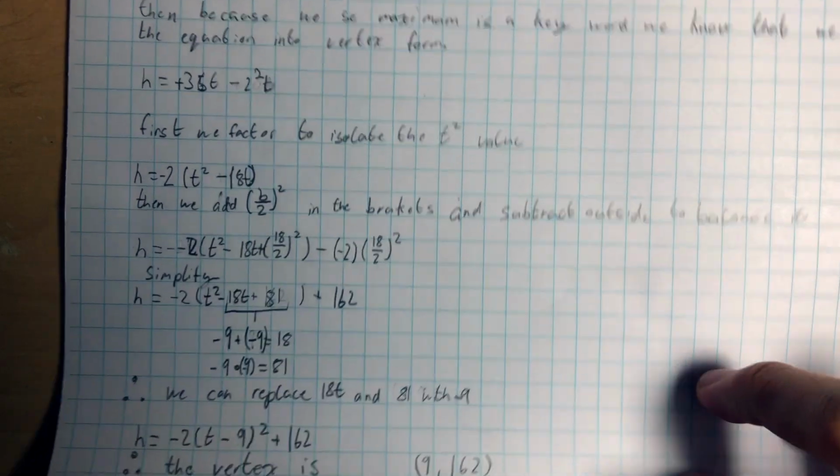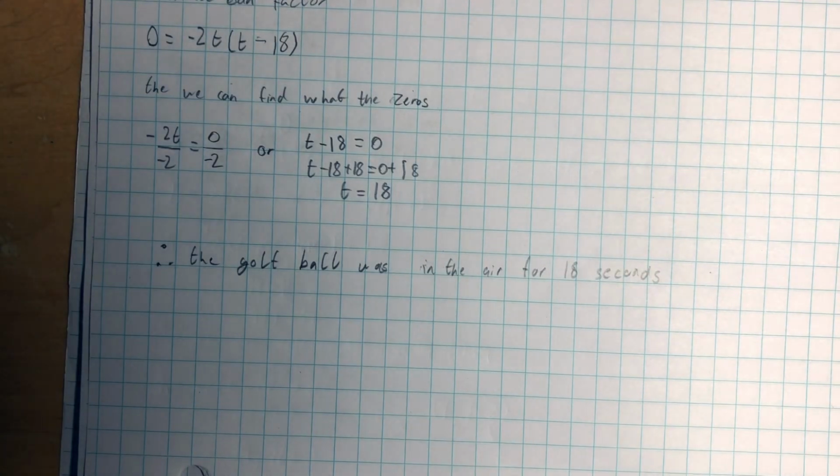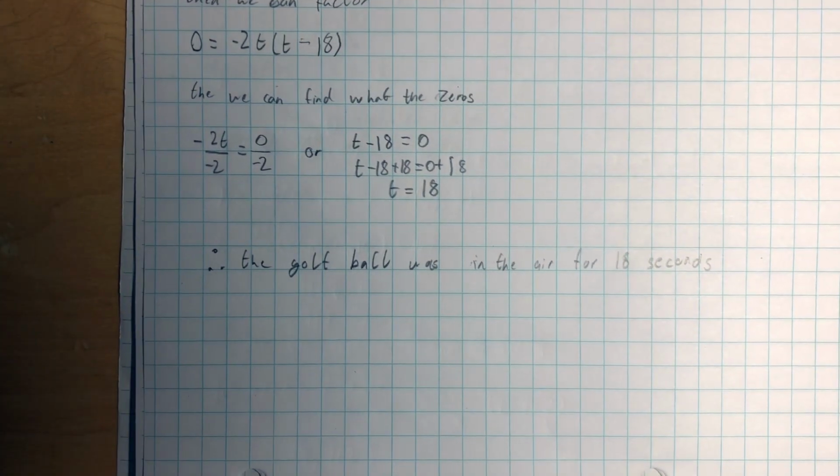Alright, now we're going to look at the second one. Miss Smith hits a golf ball on the moon at 38 meters per second. Now we can look at how long the golf ball is in the air. To solve this question, we have to find the zeros, because the last zero is the time it takes to reach the ground.